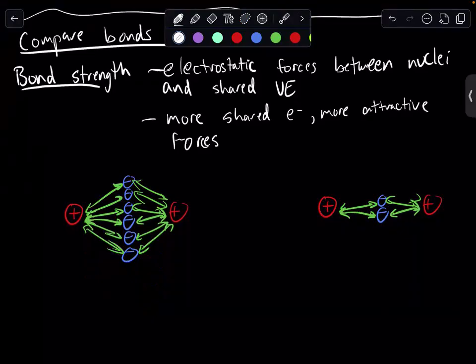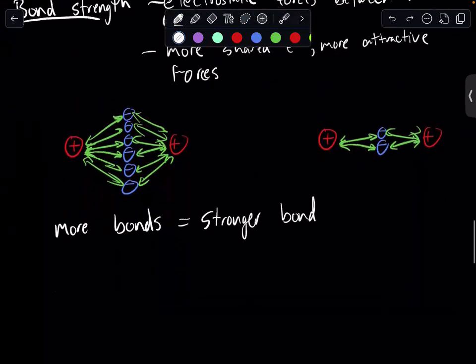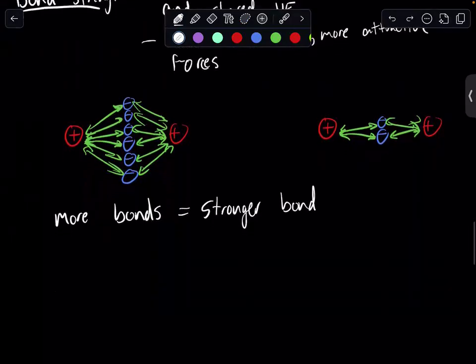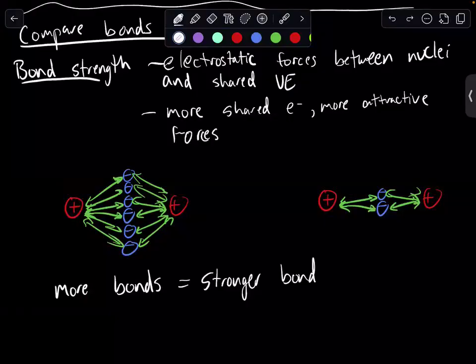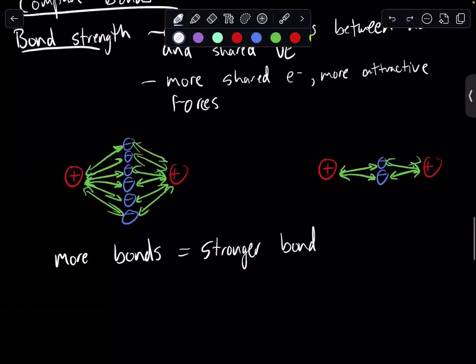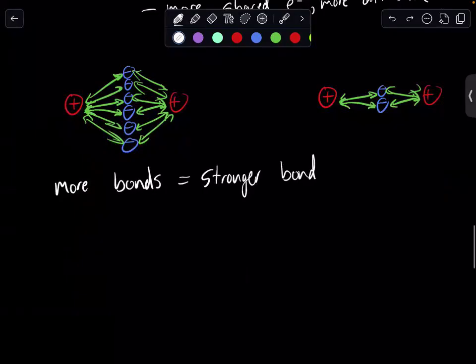So we can see that more bonds is equal to a stronger bond, which kind of makes sense. If you tie 1 piece of rope versus 3 pieces of rope to something and they're the same size rope, you would assume that 3 pieces of rope would hold it better than 1. It seems like a very obvious concept, but it's something you got to be able to recognize right away.